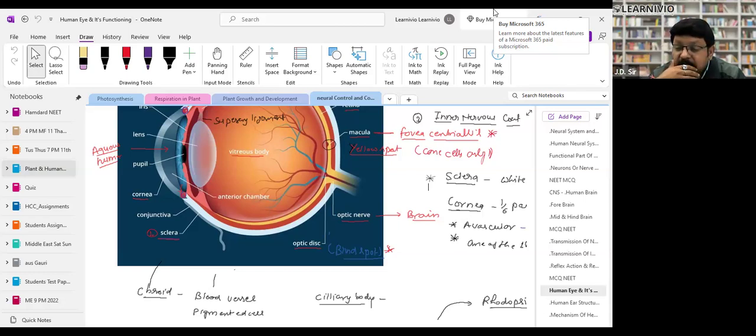The name of the chapter is Neural Control and Coordination, the second last chapter in the NCERT book, chapter number 21. Yes, sir. Human eye and ear is deleted.